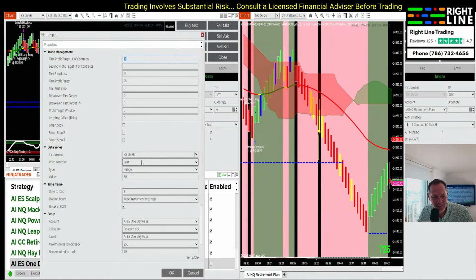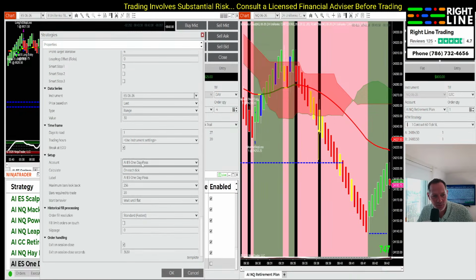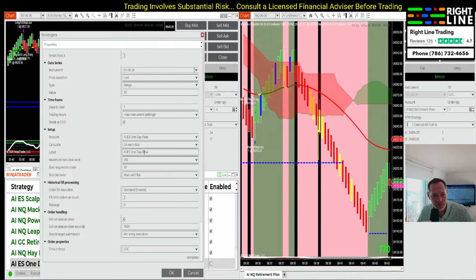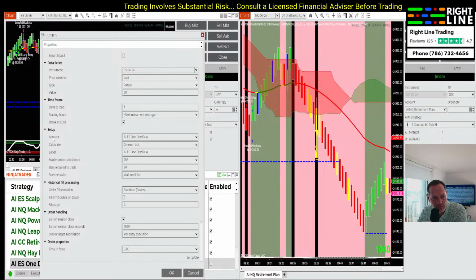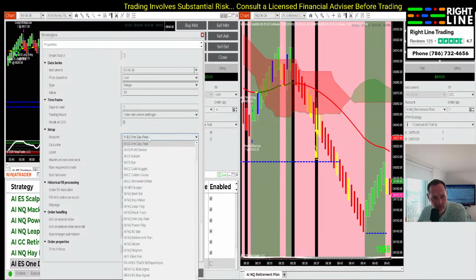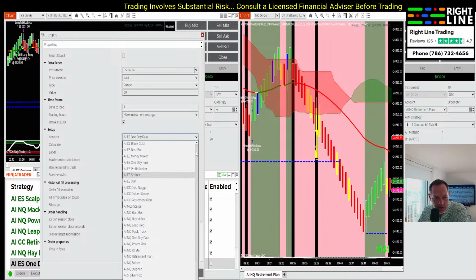He took 2. But anyways, if you want to put it on a prop account, you go right down here to setup, where the account is, and do that pull down. And here's really whether you have data connected properly or not: you'll see your funded account, or I mean your prop account, down here.